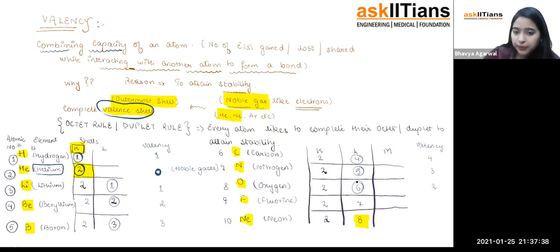For fluorine, the valence electrons are 7. So valency will be 1. And for neon, it will be 0 again. Right? I hope this part is clear to everyone.